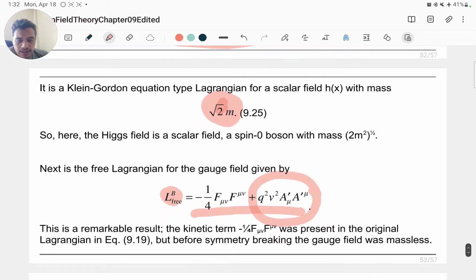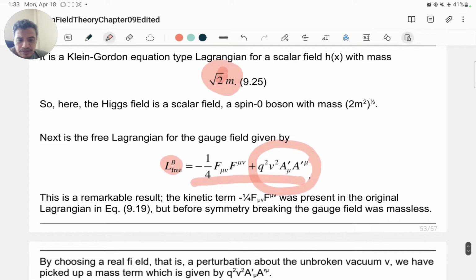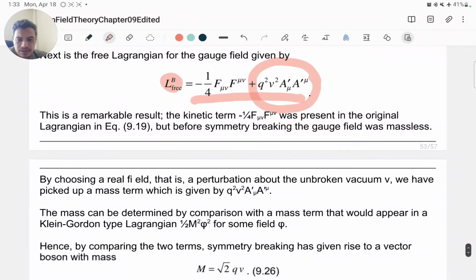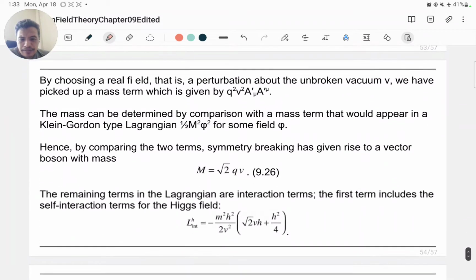So in this case, initially your F mu nu was present in the original Lagrangian, but this time after the Higgs mechanism you have a term that represents the mass of the gauge field. So here we have a mass that is equivalent to this.